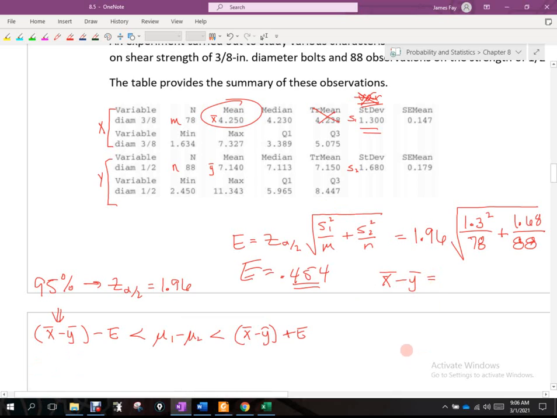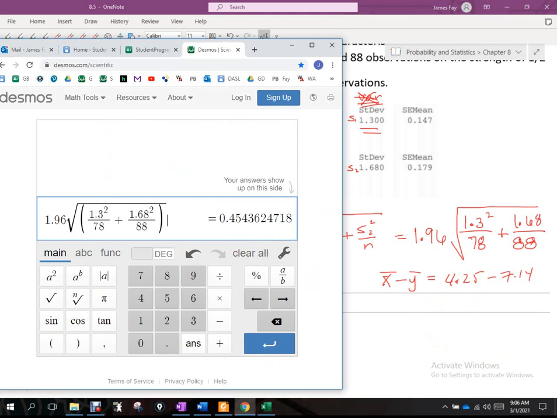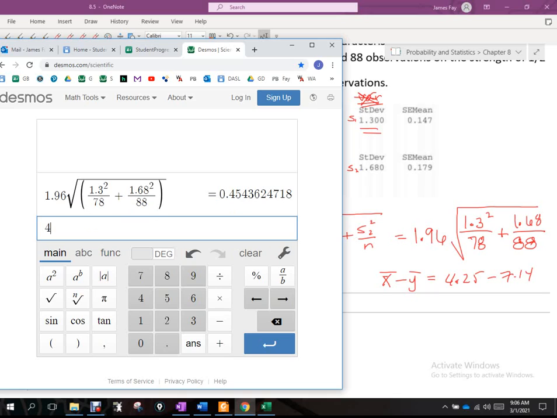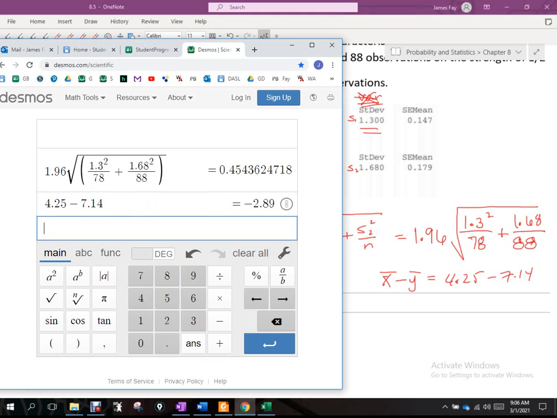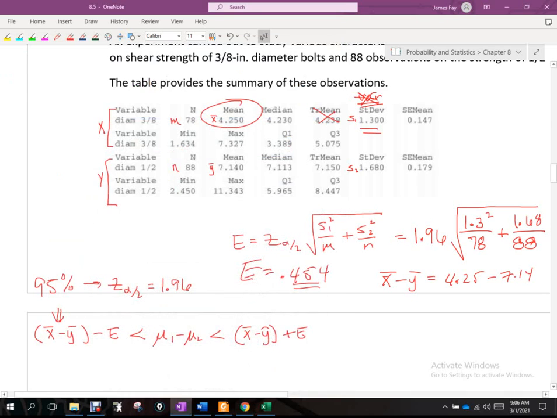I would just figure that out first. 4.25 minus 7.14, negative 2.89, right? Negative 2.89.